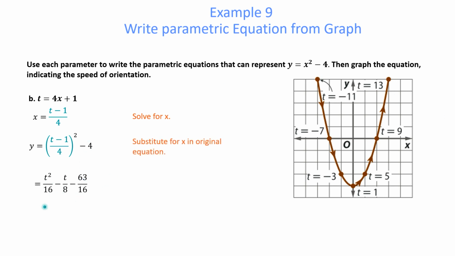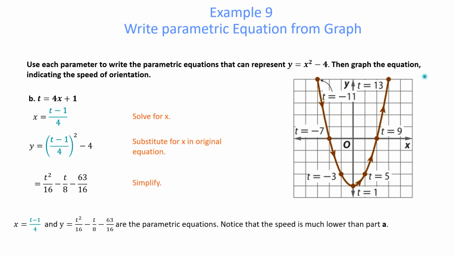So we get y equals t square upon 16 minus t upon 8 minus 63 upon 16. x equals (t minus 1) upon 4 and y equals t square upon 16 minus t upon 8 minus 63 upon 16 are the parametric equations. Notice that the speed is much lower than in part A.